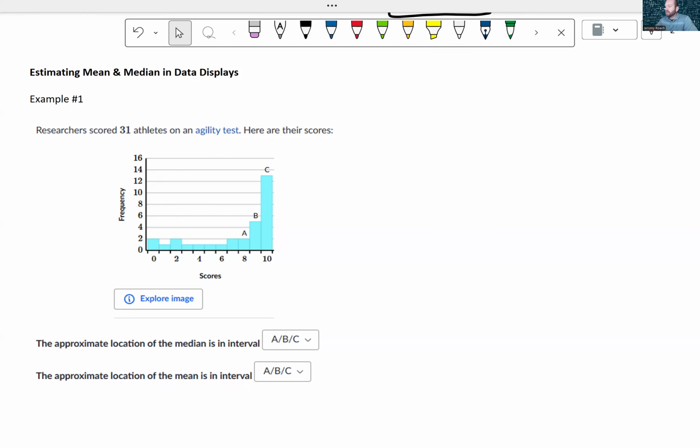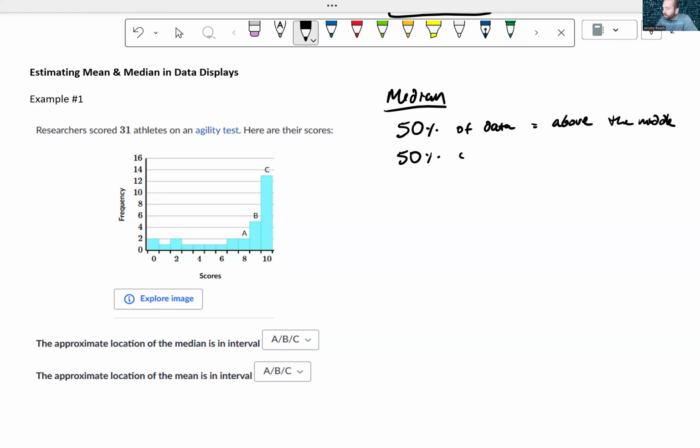So that's the median. Just going to say 50% of the data is above the middle and 50% of the data is below the middle.